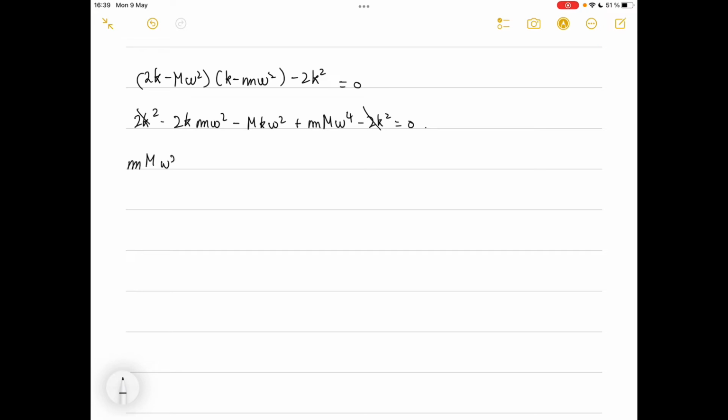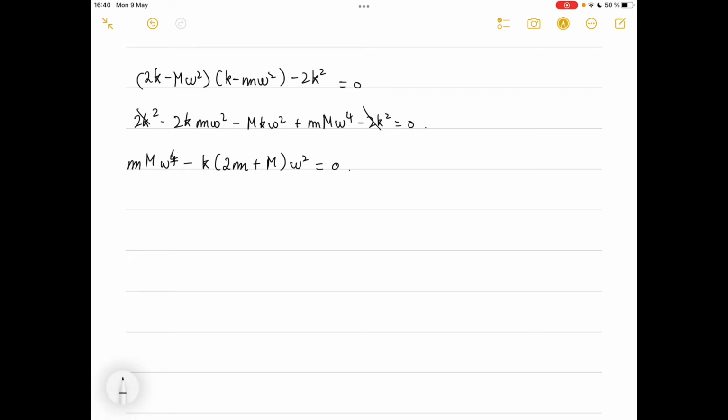m omega squared, and then let's see, what could we factor out? We could have minus k times 2m plus m omega to the 4 equals 0. Sorry, this should be omega to the 4.